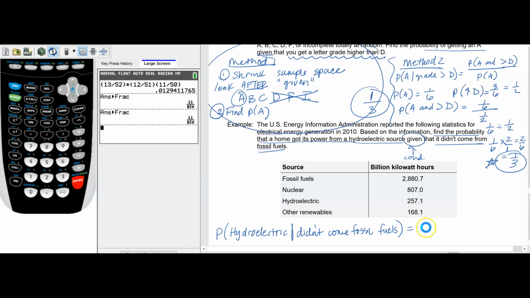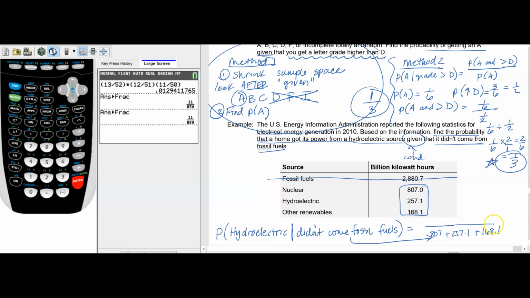Okay, to find my denominator, I'm going to look at the given part. What's the probability that it's hydroelectric given that it didn't come from fossil fuels? So I'm going to cross off the fossil fuels, and I'm just going to add these together: 807 plus 257.1 plus 168.1, those are the only numbers that I'm concerned about.